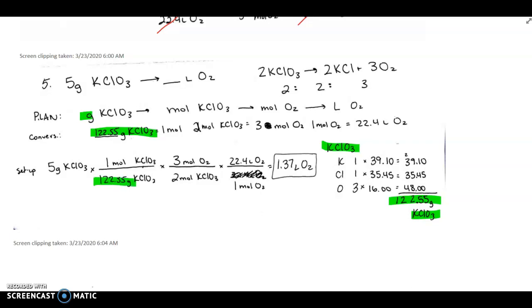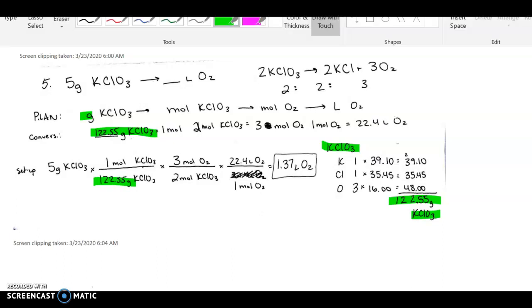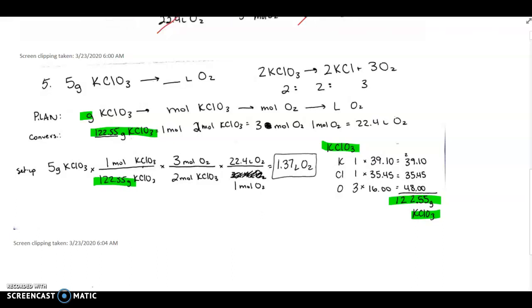We're going to liters, so we are going to do this one here. There's our 22.4, because we're going to liters from grams. And then we also have our mole ratio in the middle here, which is this conversion here. And we got that from our numbers up here. We had this one and this one.